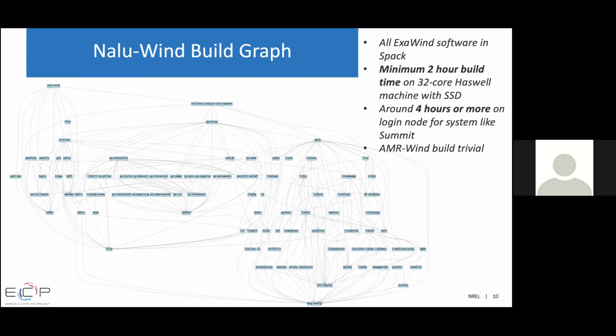And I don't have exact numbers on this, but it's around 4 hours or more if you just show up on a login node on a system like Summit and build Nalu-Wind with a shared file system and shared nodes. So even with doing a regular Spack install command and just letting it go, you're waiting about 4 hours or more. But our AMR-Wind build is pretty trivial.